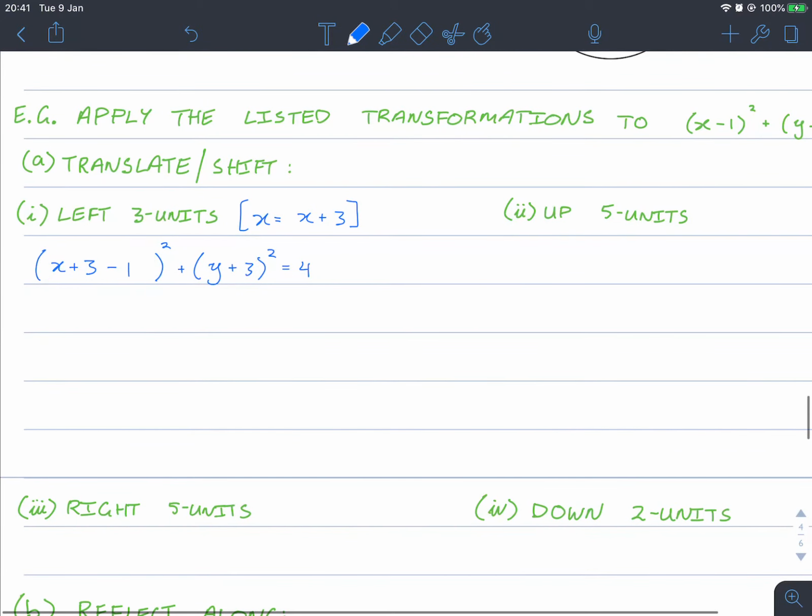Evaluating the inside of this, we get x plus 2 squared plus y plus 3 squared equals 4.